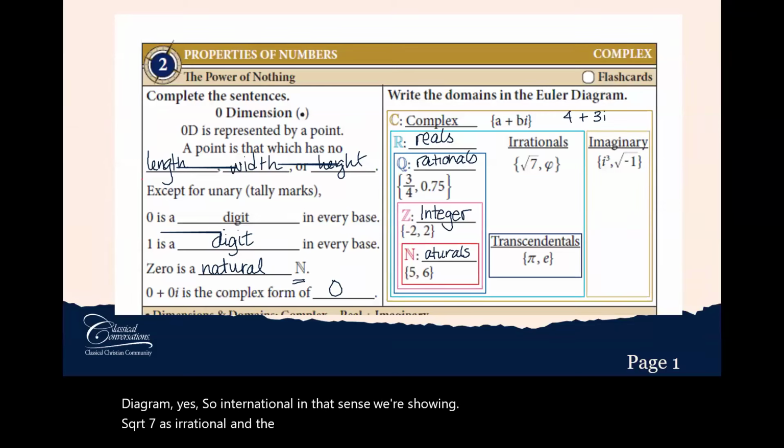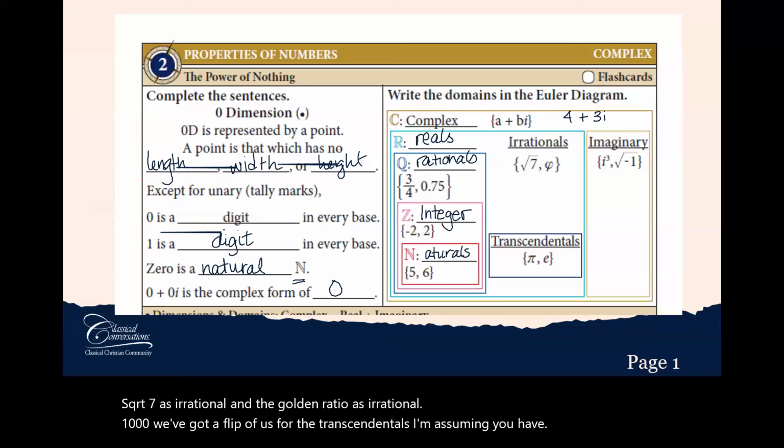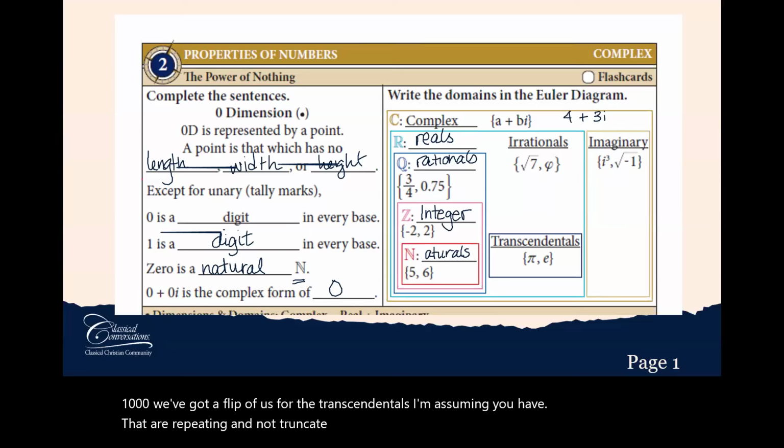But then under it, we've got a purple box for the transcendentals. I know the irrationals are numbers that are non-repeating and don't terminate. Are pi and Euler's number the two transcendentals?